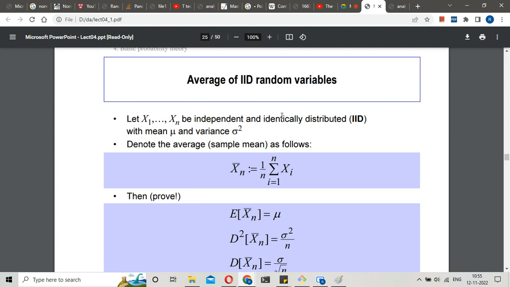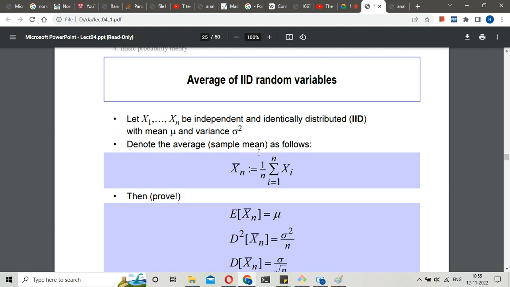We call one set of random variables IID, that is, independent and identically distributed. They all have the same mean and same variance.